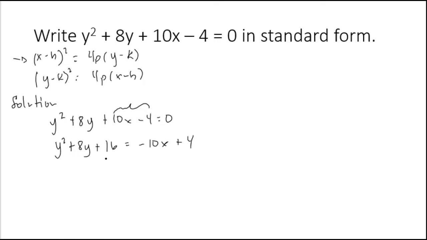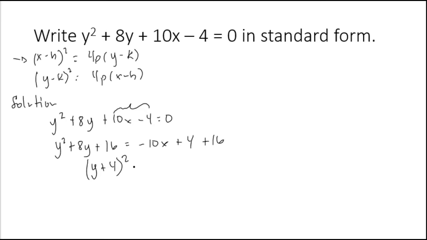We have a rule in equations that whenever we add a number to our left-hand side, we will do the same for our right-hand side. So plus 16 also on the other side. Then next, factor. y squared plus 8y plus 16 is equal to (y plus 4) squared.